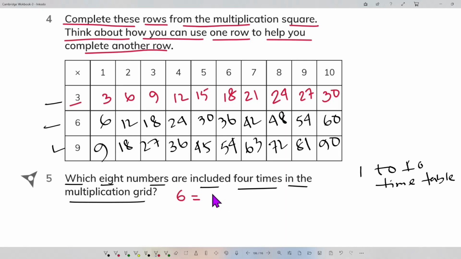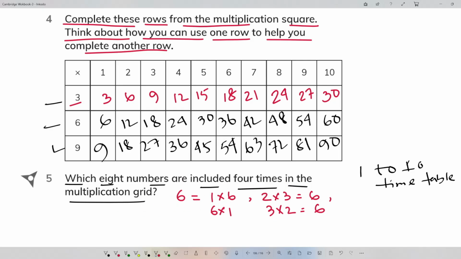This 6 we can write as 1 times 6. This 6 we can write as 2 times 3. This 6 we can also get as 6 times 1, and 3 times 2. Every time it is also 6. So these numbers are included 4 times in the multiplication grid.